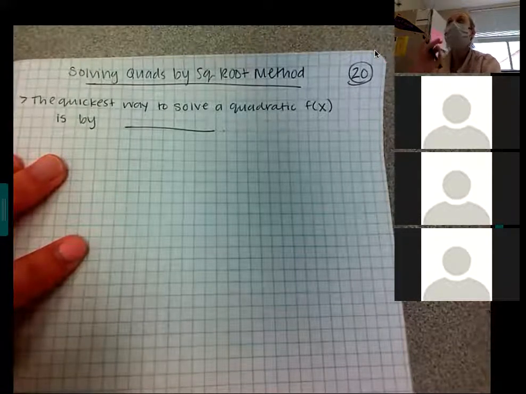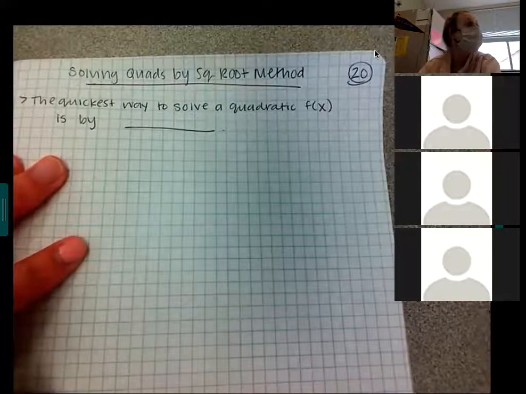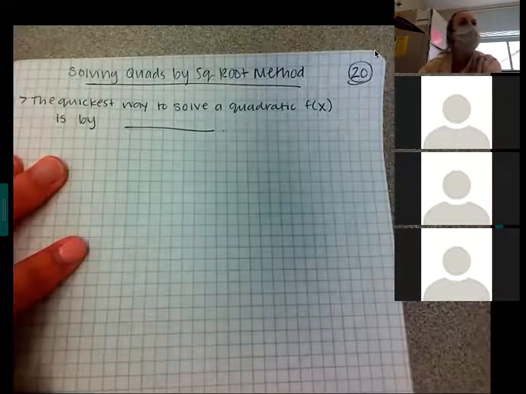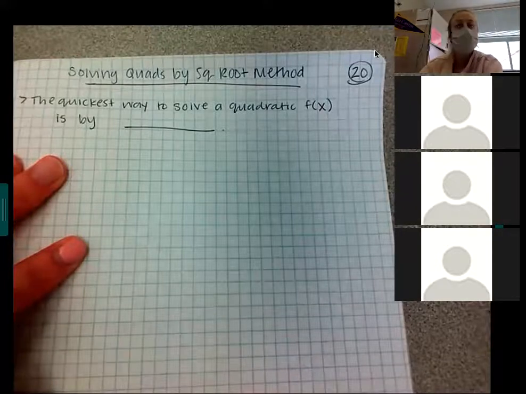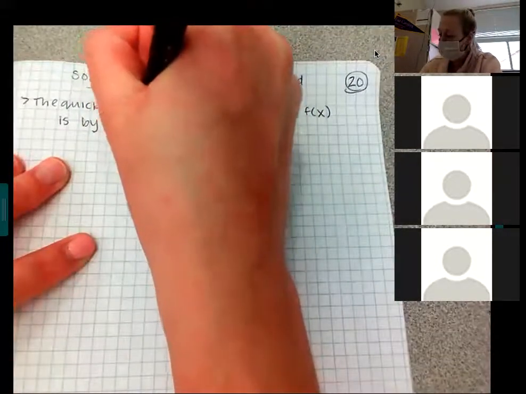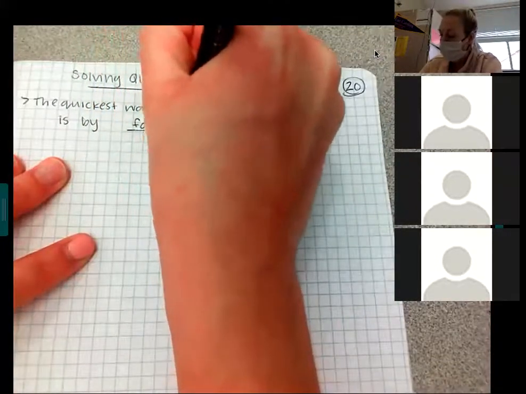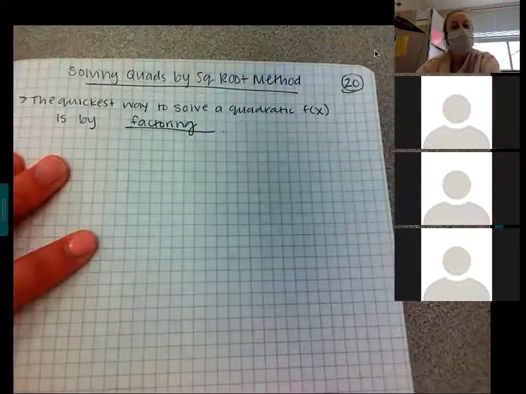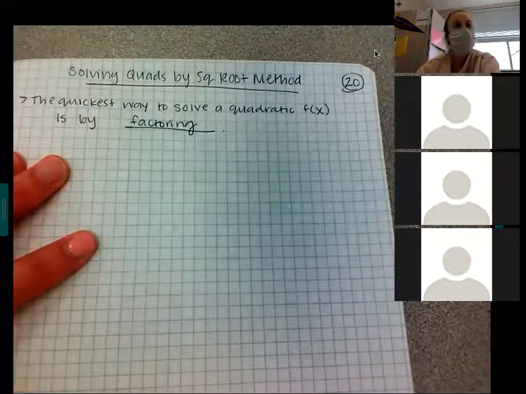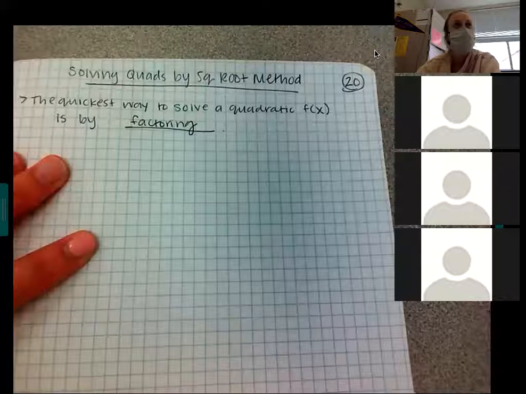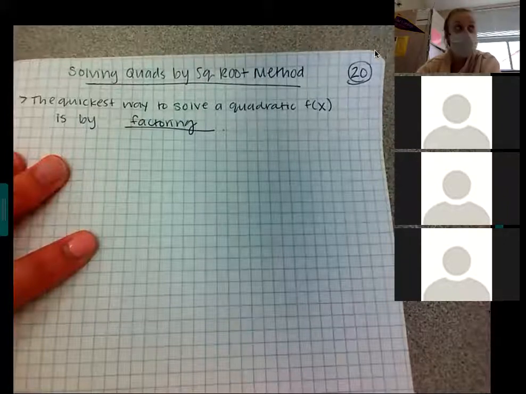What do you think the quickest way to solve for the x-intercepts is by? What have we been doing for like the past 3 units? Factoring. That is the fastest way. Normally, I'm adding something to the end of that.